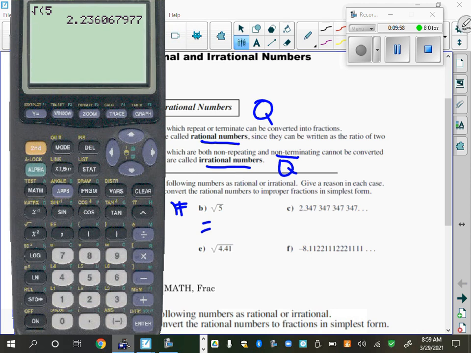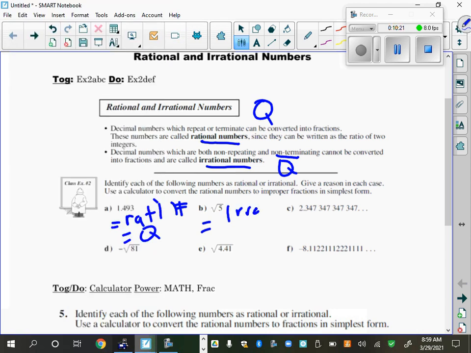It ends because that's what the calculator does. So when your numbers go to the very end of the calculator, you can assume it doesn't end. Write yourself a note if you want to. So is that rational or irrational? Ones like pi that don't end and don't repeat are irrational, and that's Q bar.